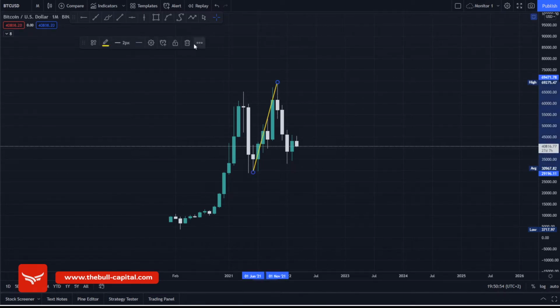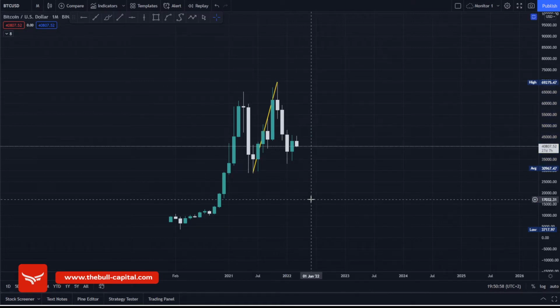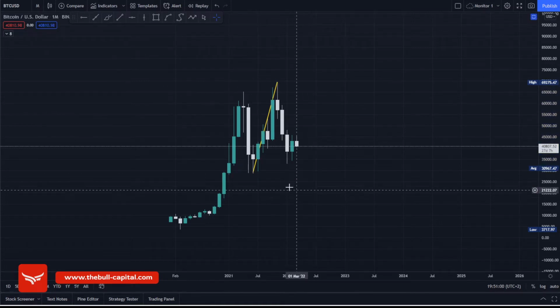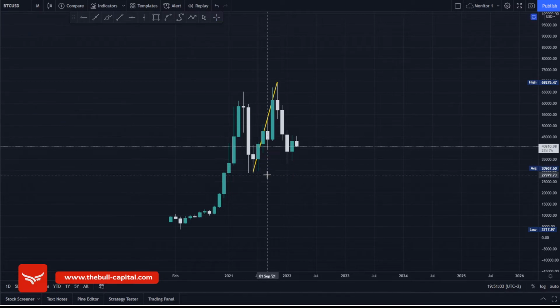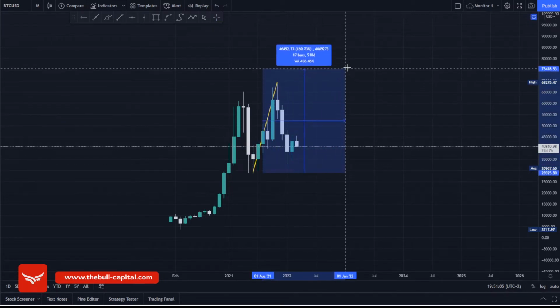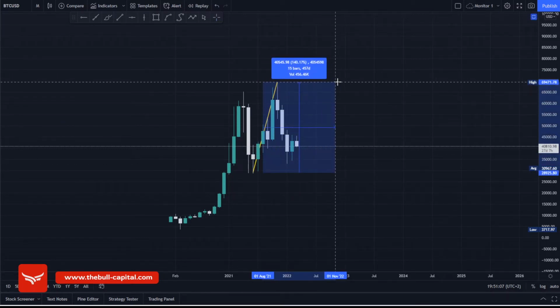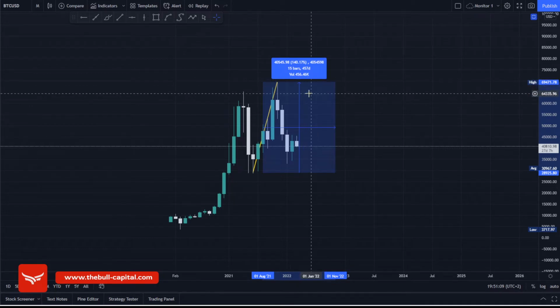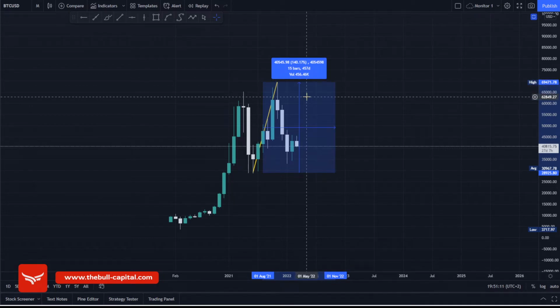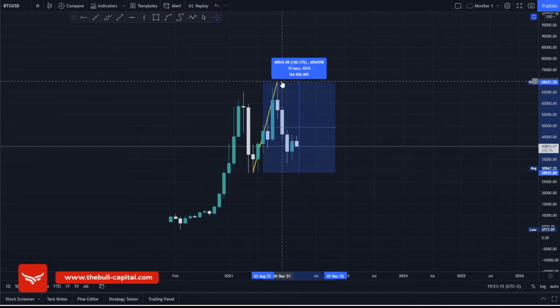So it takes longer, but the gains are also bigger. On monthly, we have 140% growth in 6 months.